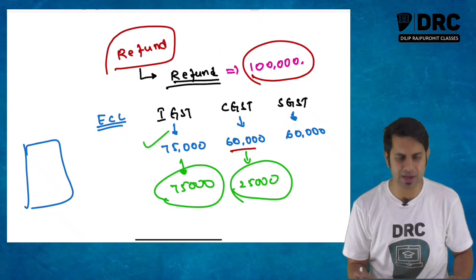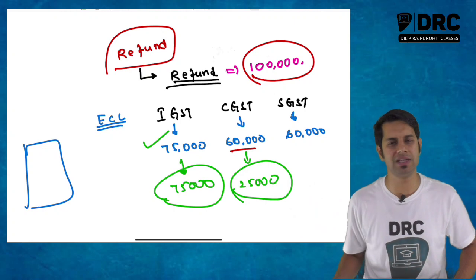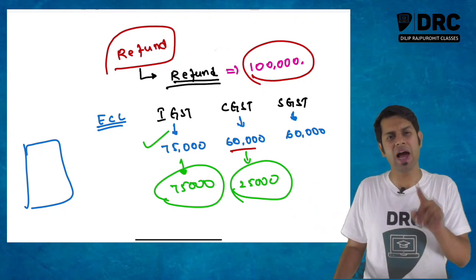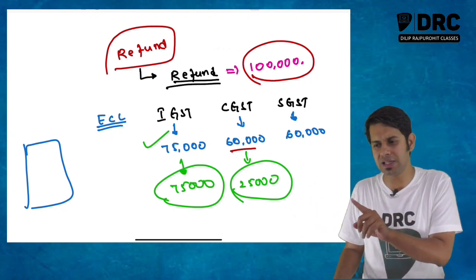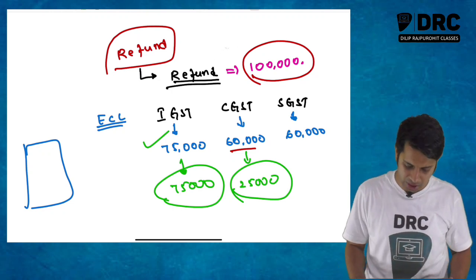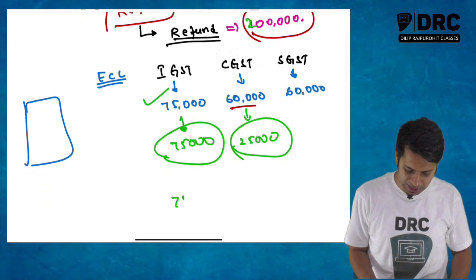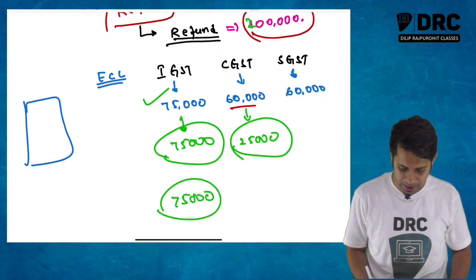If you have some balance in the IGST account, you cannot ask for refund of CGST and SGST accounts. If you have some amount left over in IGST, you cannot ask for refund of CGST or SGST. Sir, what if this amount was 2 lakh rupees? Take this 75,000 completely, then take this 60,000 completely.